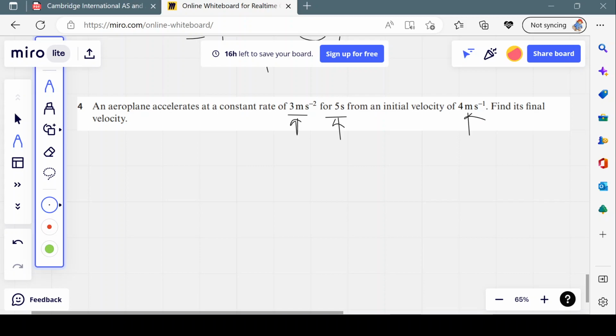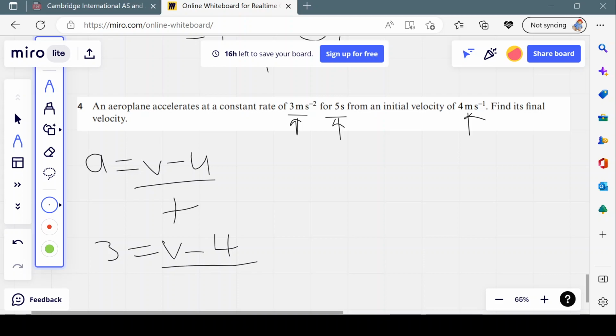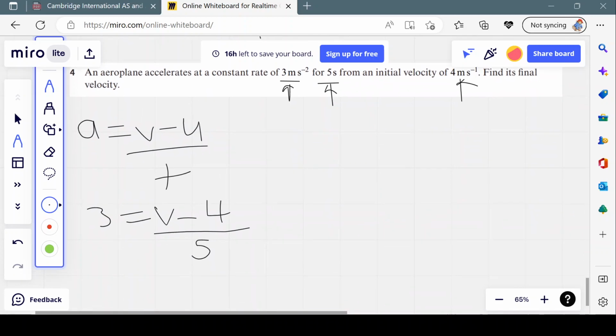Now I could always substitute and make it work. a = (v - u) / t. The a is 3, the initial velocity is 4, and we're trying to find the final velocity, so we leave it as v. So 3 = (v - 4) / 5.